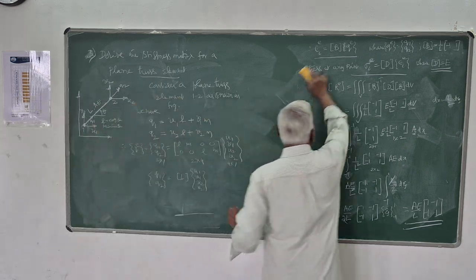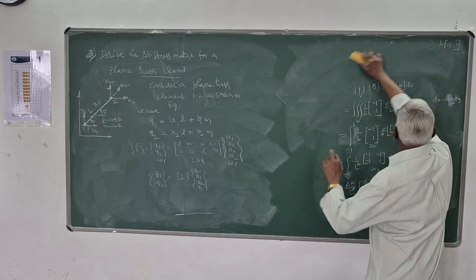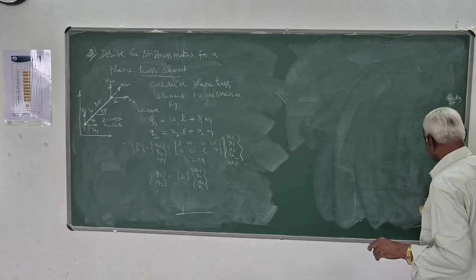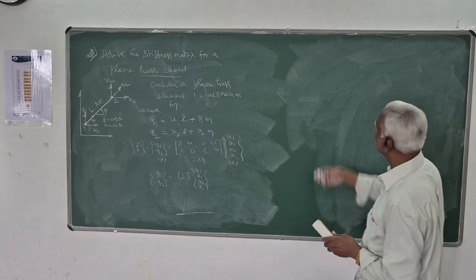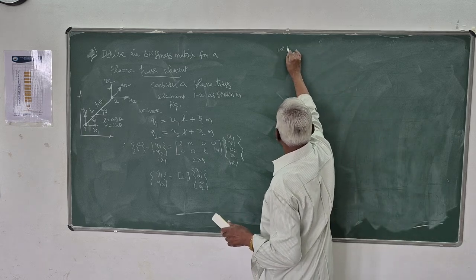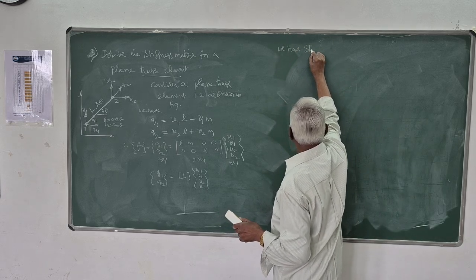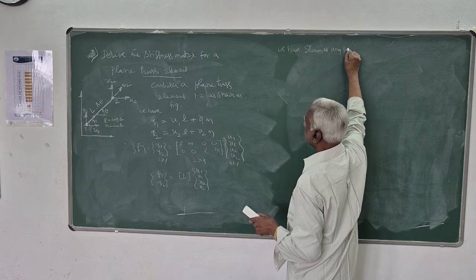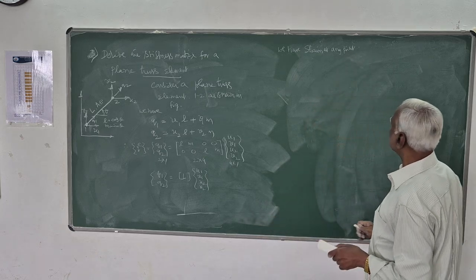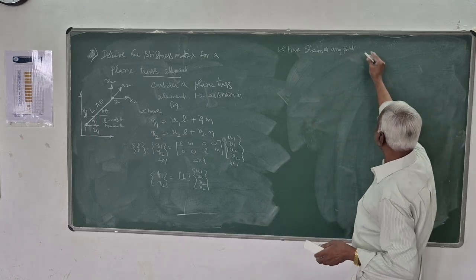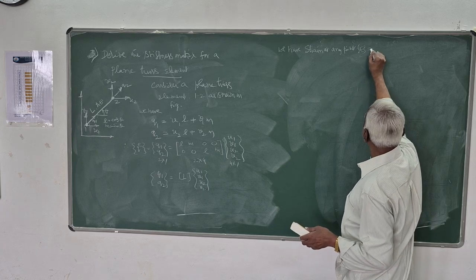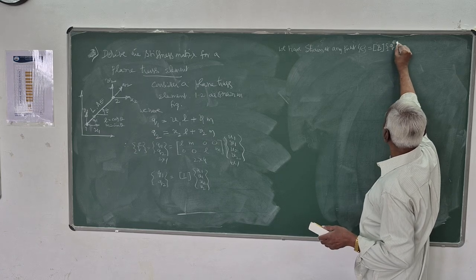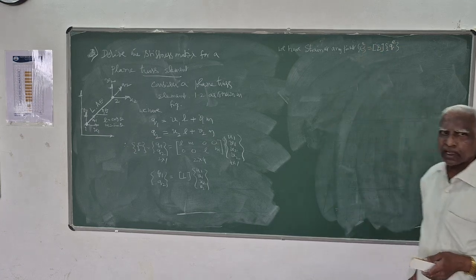Now, if you take out the element stiffness matrix, we have the strain at any point, epsilon is equal to B into Q element. This I have already written.